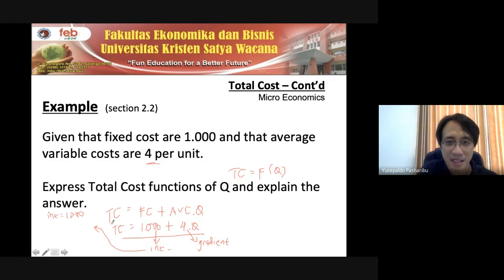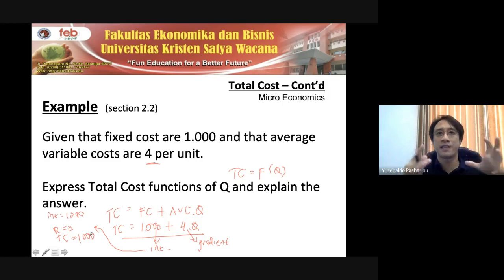It means if Q equals 0, there is no production, then the total cost equals 1,000. Even if there is no production, this company has to pay $1,000. For example, the gradient equals 4.